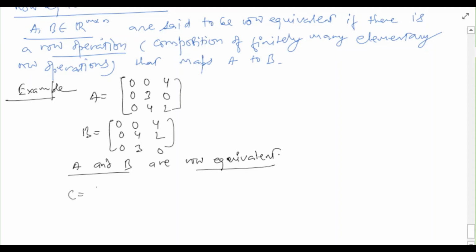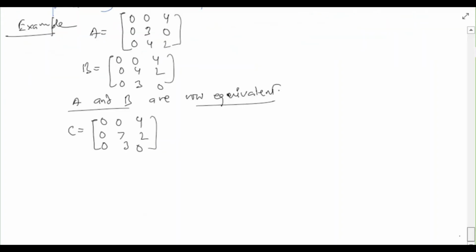Similarly, if I consider C to be equal to 0, 0, 4, 0, 7, 2, 0, 3, 0. Notice that C is obtained from B via doing R2 to R2 plus R3. So C has also been obtained from A via a composition of elementary row operations. So A and C are also row equivalent.